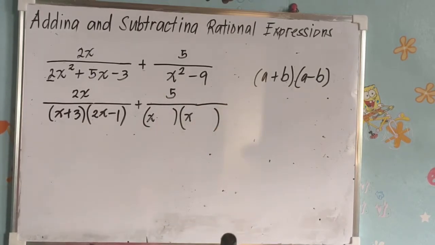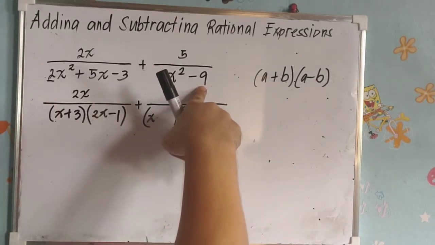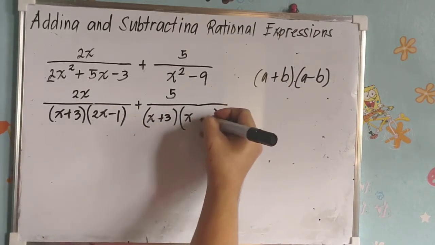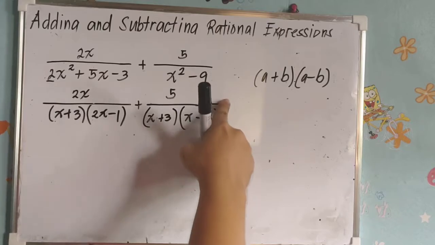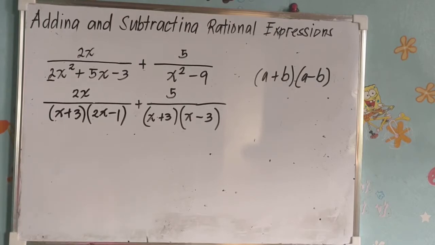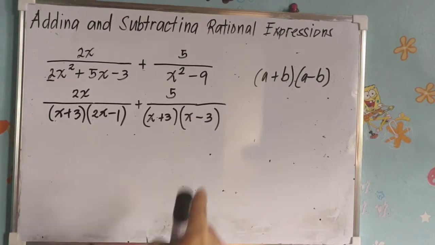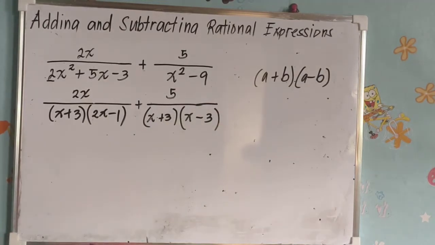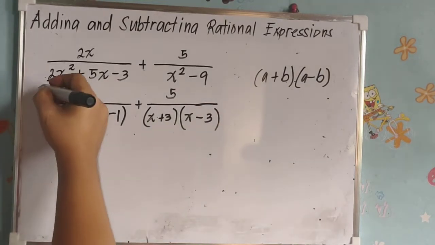So this is quite easy. And the square root of 9 is 3, so that means plus 3 and minus 3. Okay? So done factoring our denominators. And the next step is to find now the LCD.